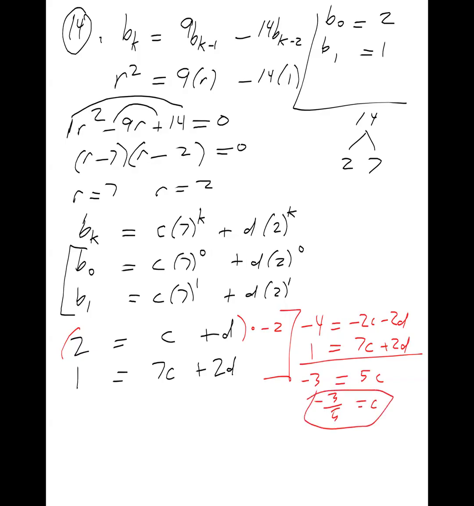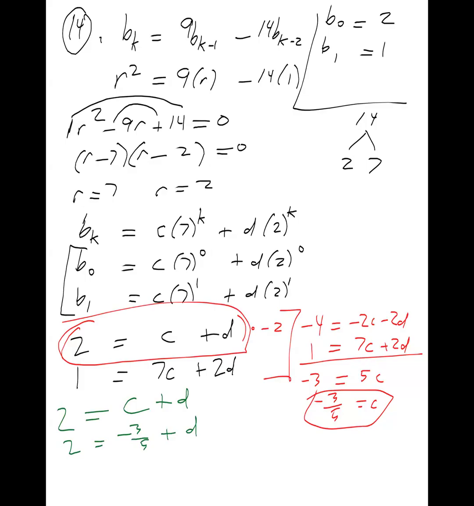Now we have to find the value of D. The easiest way to find the value of D is to substitute the C into the equation 2 equals C plus D. Plug in -3/5 for C. So you get 2 equals -3/5 plus D. And I'm sorry that they came out to be fractions.